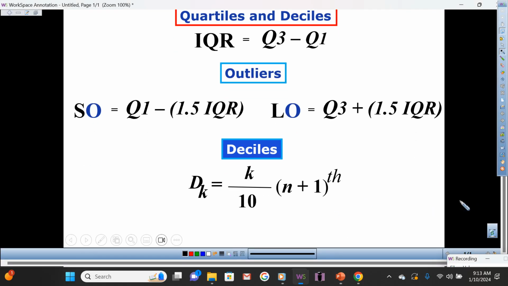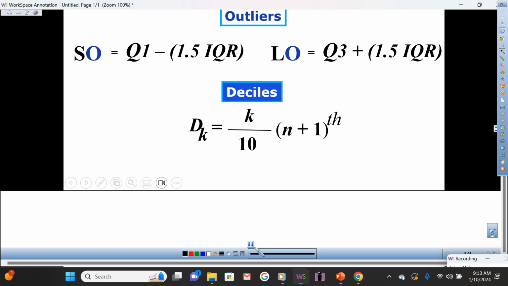And let me make a quick note. First of all, tell your neighbor what N stands for. What does N stand for? Yeah, the number of numbers. Total number of numbers.